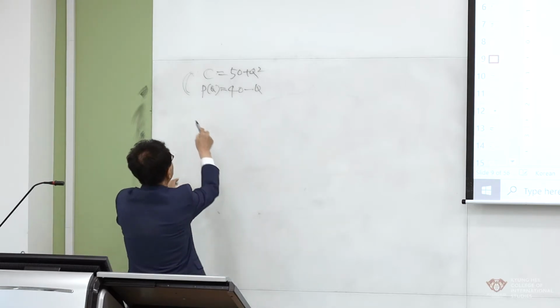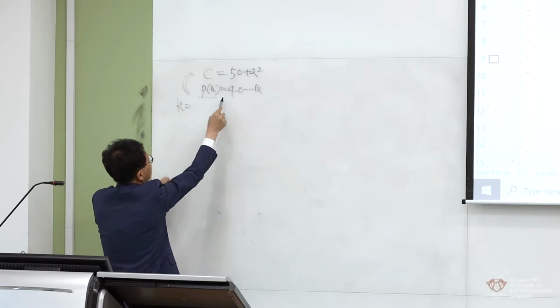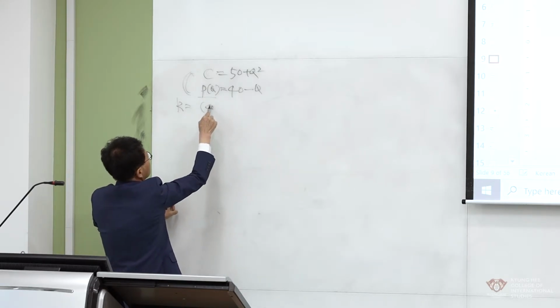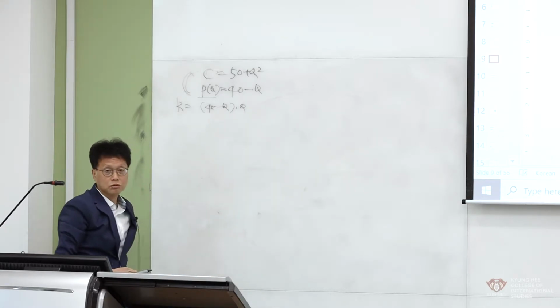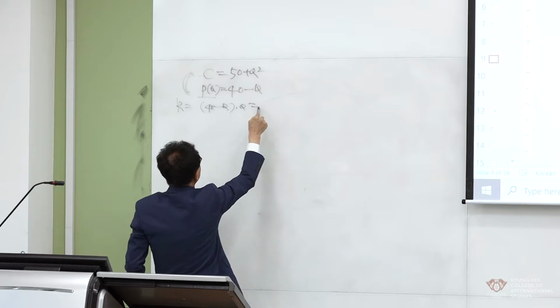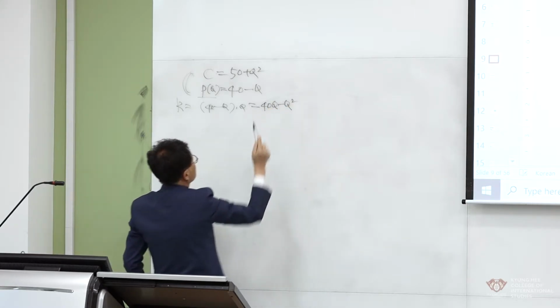Total revenue is price multiplied by Q. Price equal to 40 minus Q multiplied by Q. That is total revenue. Then total revenue is 40Q minus Q square.